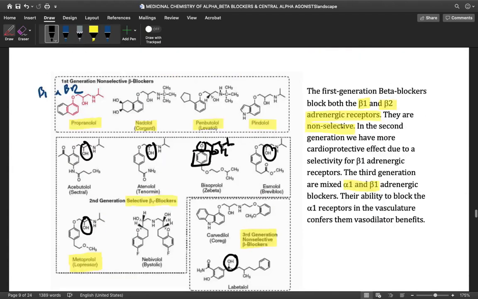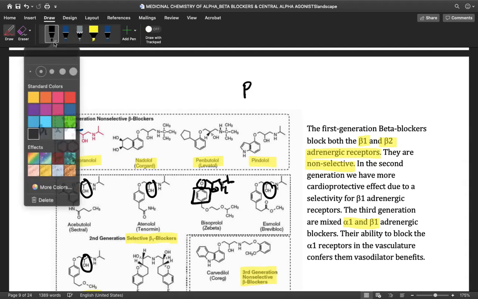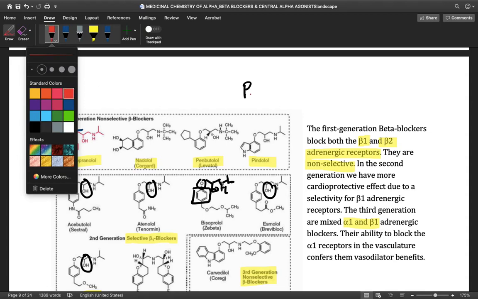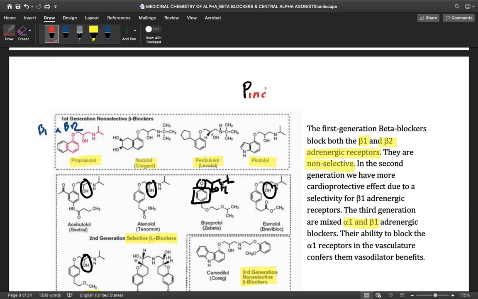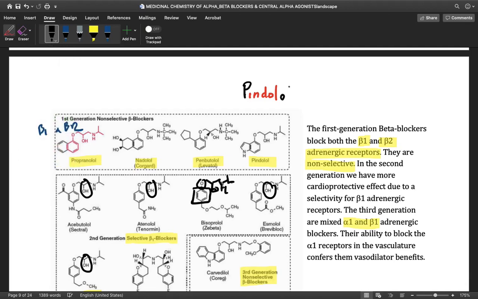So let's look at one example, for instance. Pindolol. See, inside of the name, pindolol, you have indole.